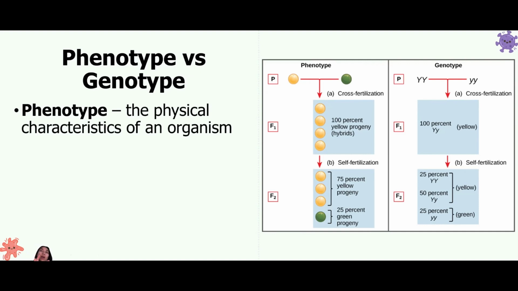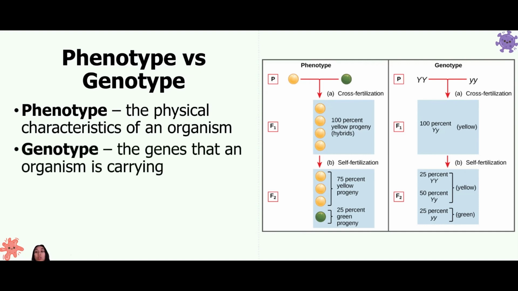He was looking at purple flowers versus white flowers, mixing them together and seeing that all the babies were also going to be purple. All he was looking at were the phenotypes, whereas the genotypes are the actual genes. Mendel was not able to look at the genotype because at the time, this was a while ago, he was not able to do any DNA sequencing. There was none of that technology. So he was strictly looking at the phenotype.